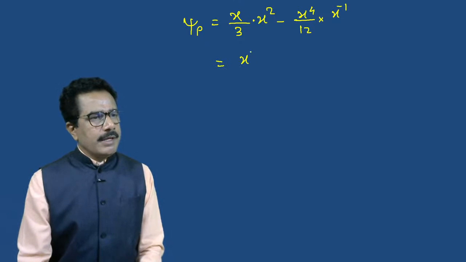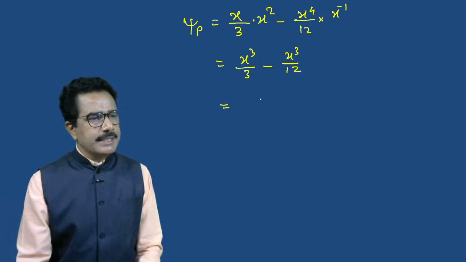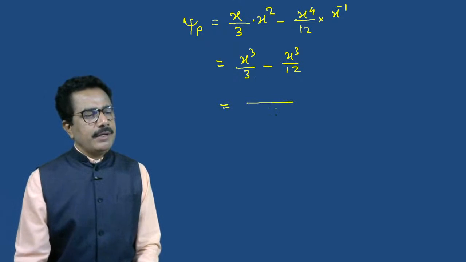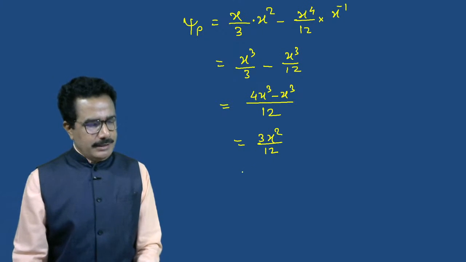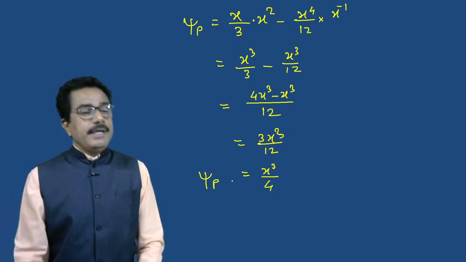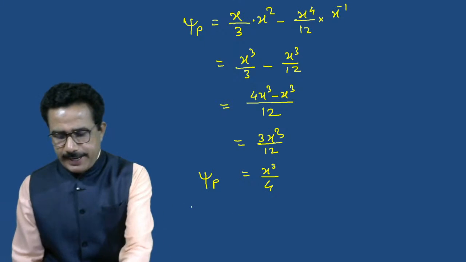So x cube by 3 minus x cube by 12. So it gives the result 12 LCM काढा, 4x cube minus x cube, that is 3x cube divided by 12 that is equals to x cube by 4. हा झाला psi p.